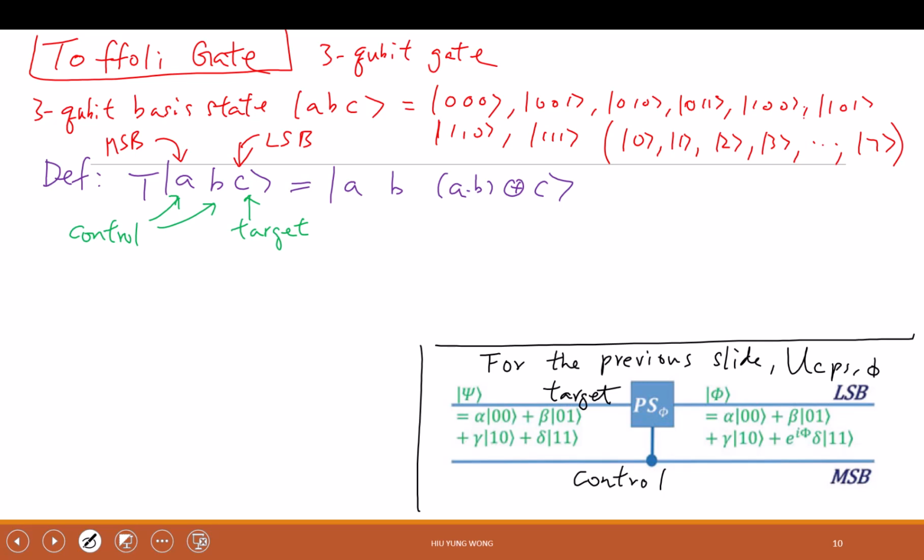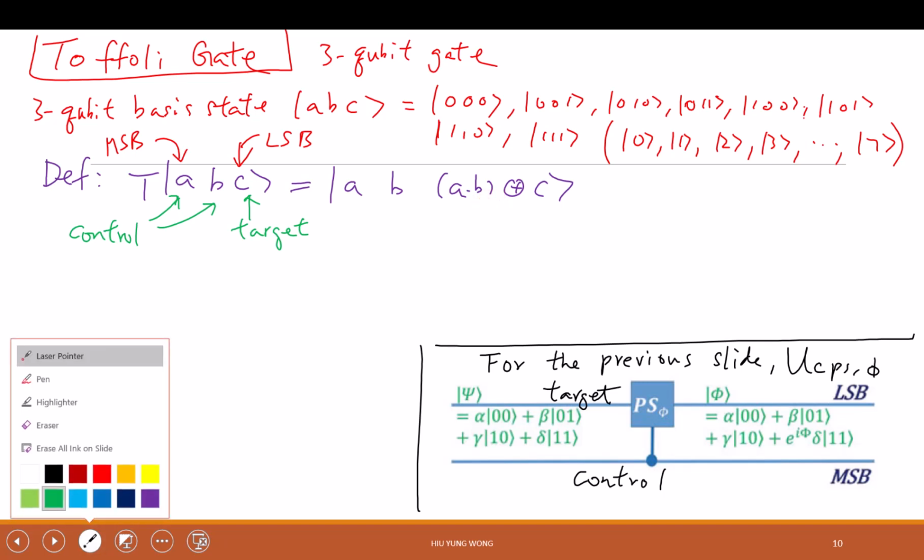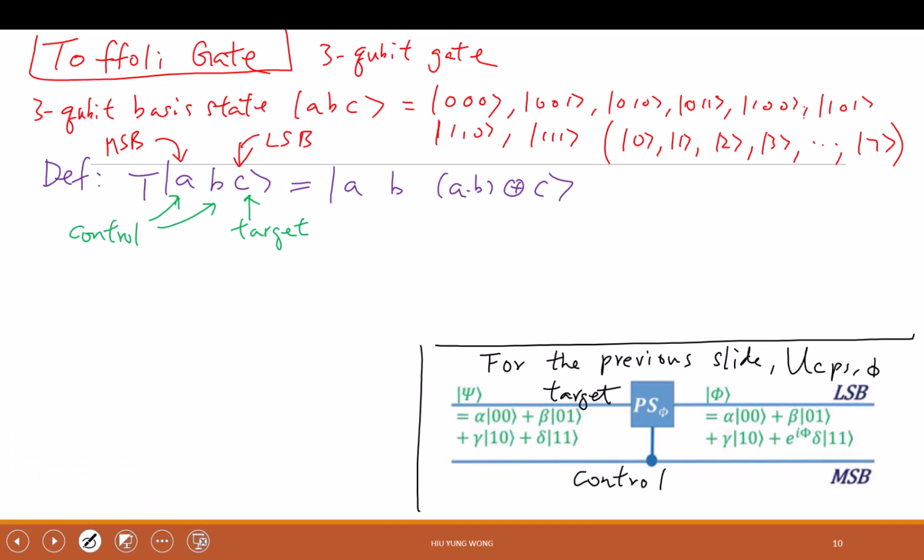So based on this, you see A times B. Let me just tell you something, maybe you forgot. 0 exclusive or something, what do you get? It actually gives you the same thing. Because if C is 0, 0 exclusive or 0 is 0.